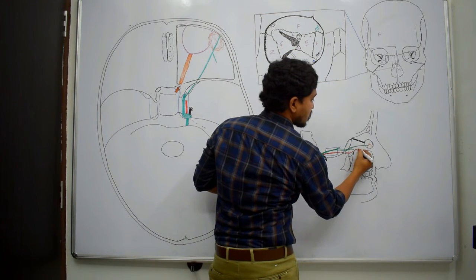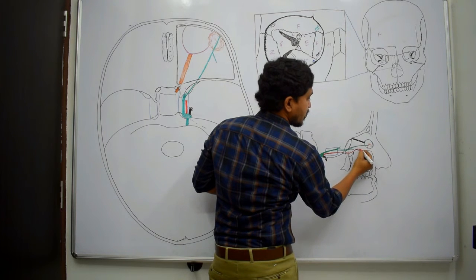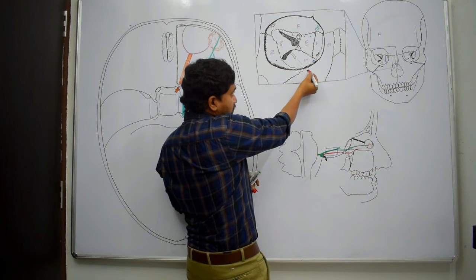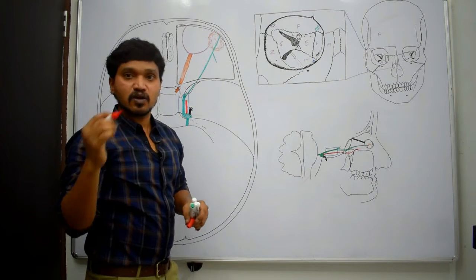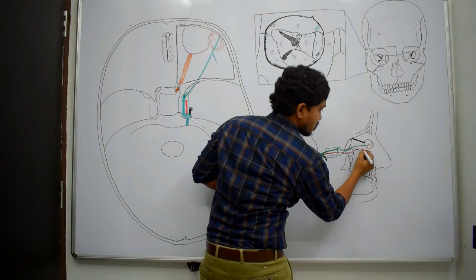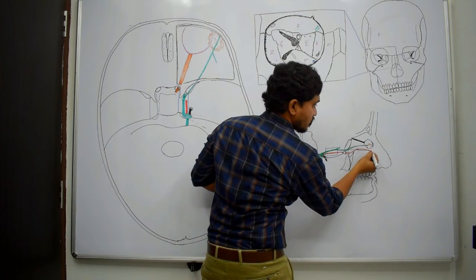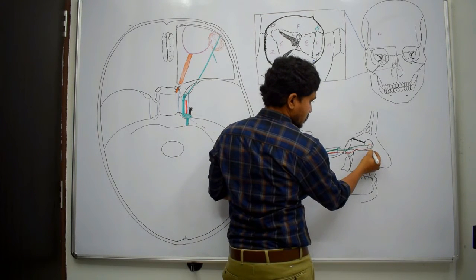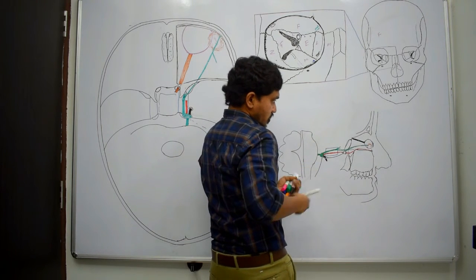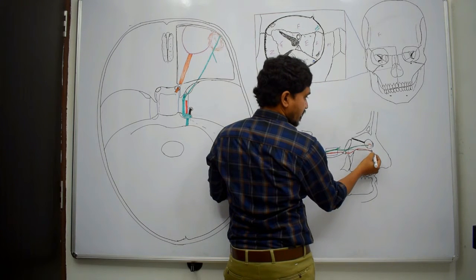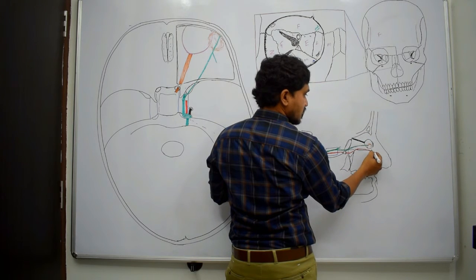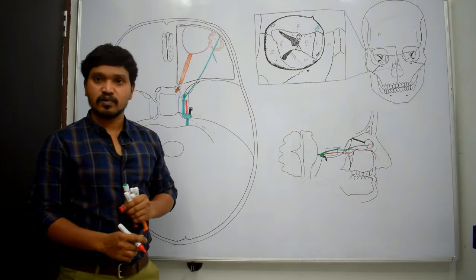First it passes through the infraorbital groove, then it passes through the infraorbital canal. Then it emerges through the infraorbital foramen. Here the foramen will be present. This foramen is the infraorbital foramen. So it comes out and gives labial branch, nasal branch, and palpebral branch.